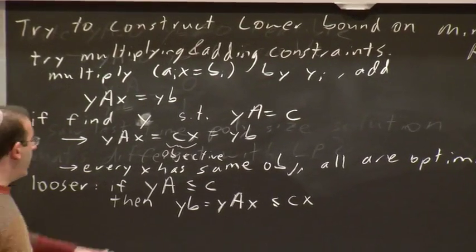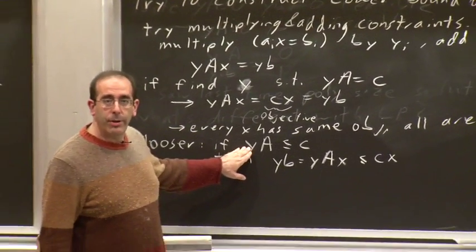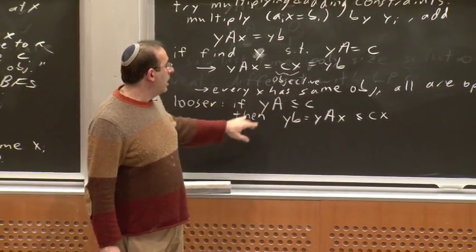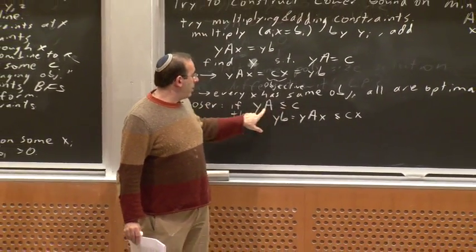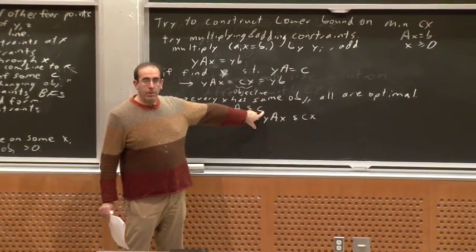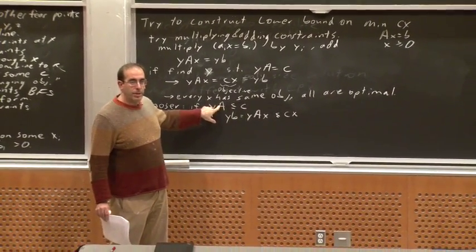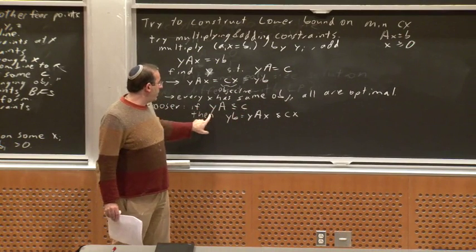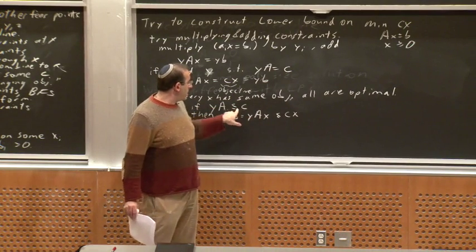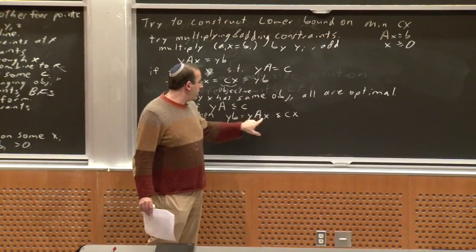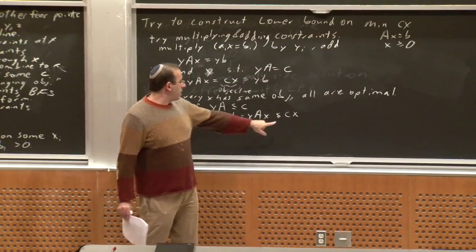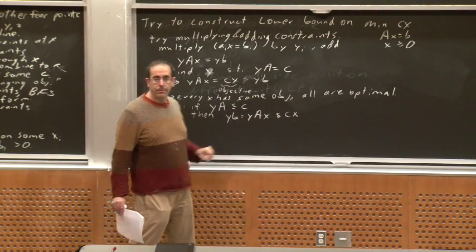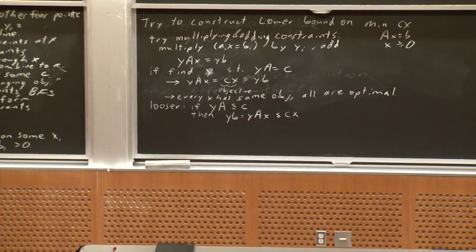So again, we're working with this combination of linear constraints. But now we're going to make sure that we obey c as an upper bound on each of our combinations. And because we take this as an upper bound, we can conclude, since we're less than or equal to c in each coordinate, that the resulting yb will be less than or equal to c times x. Okay. Why is that useful?